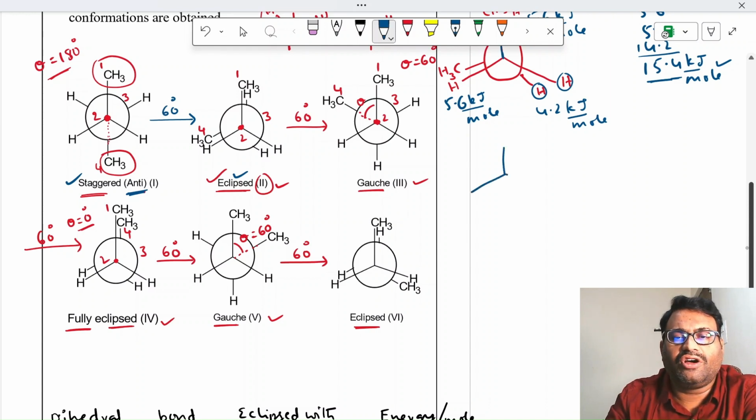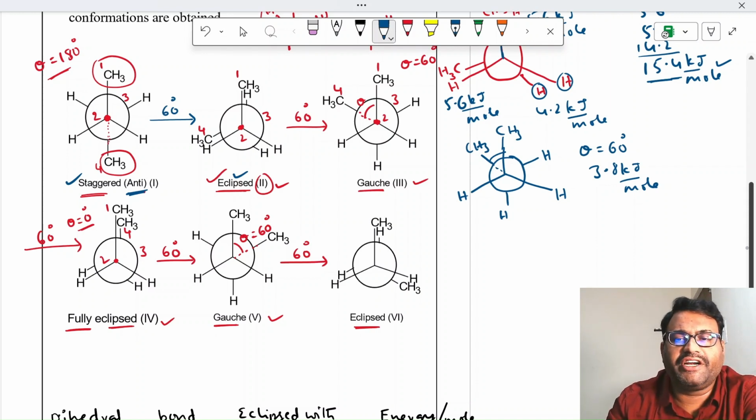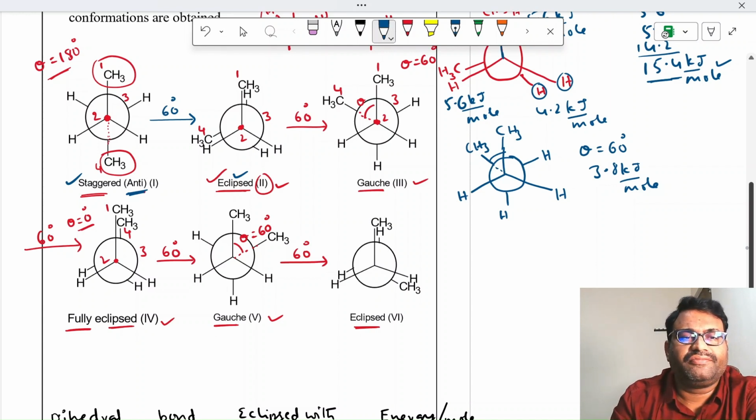So let us draw this gauche form: CH3, this is CH3, H, H, H and H. They are at how much? 60 degrees, theta is equal to 60. Then the increase in the energy is 3.8 kilojoule per mole. So gauche conformation has 3.8 kilojoule per mole energy greater than that of the staggered form. Okay.